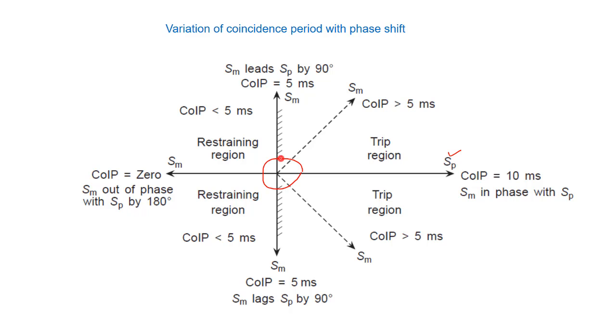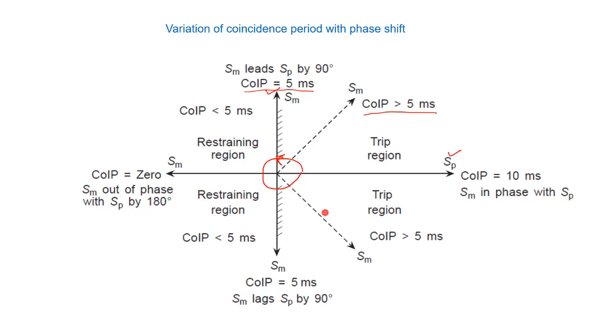Up to 90 degree, the coincidence period will be greater than 5 millisecond. Exactly at 90 degree, the coincidence period is equal to 5 millisecond. When SM leads SP by 90 degree, the coincidence period is 5 millisecond, but below this it is greater than 5 millisecond.